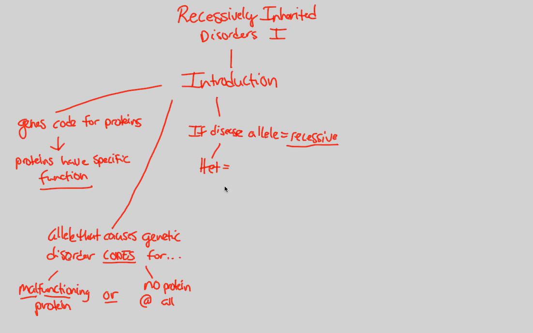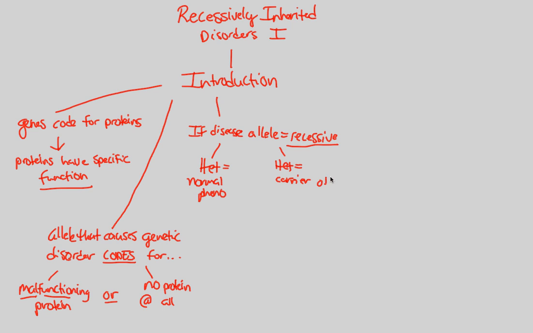So you're going to be masking the disease, and thus you will have a relatively normal exterior, meaning that you'll have a normal phenotype. You will look normal. In addition, if you are a heterozygote, and if the disease allele is recessive in this random made-up situation, you are not only a normal phenotype, but you also have to be aware and understand that this heterozygote individual is a carrier.